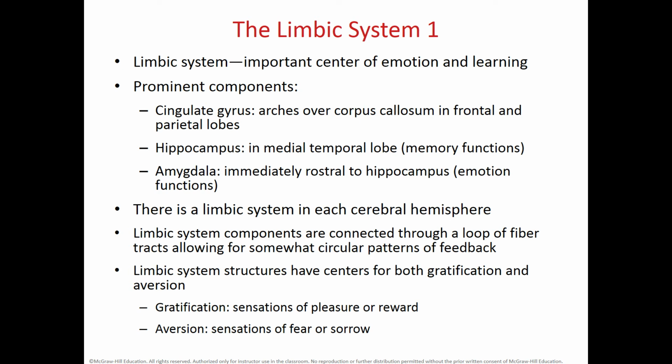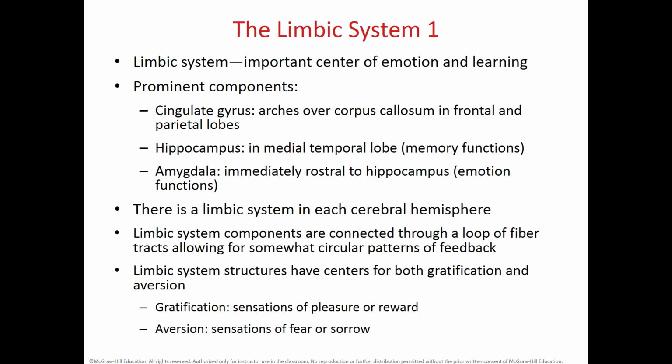We have subdivisions of this limbic system: the cingulate gyrus, the hippocampus, and the amygdala. The limbic system connects through a loop of fiber tracts that follows a circular pattern, forming feedback between the different areas of the limbic system.